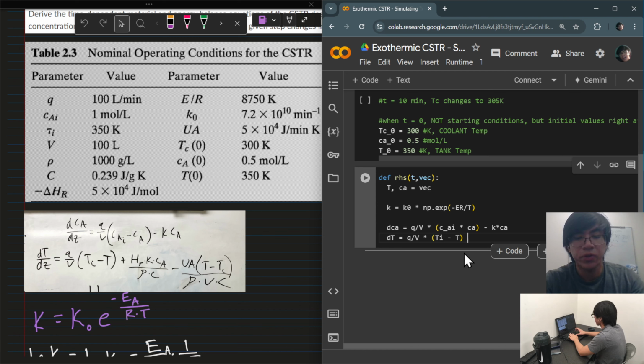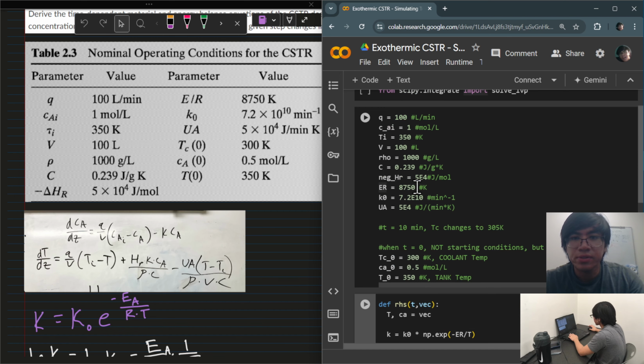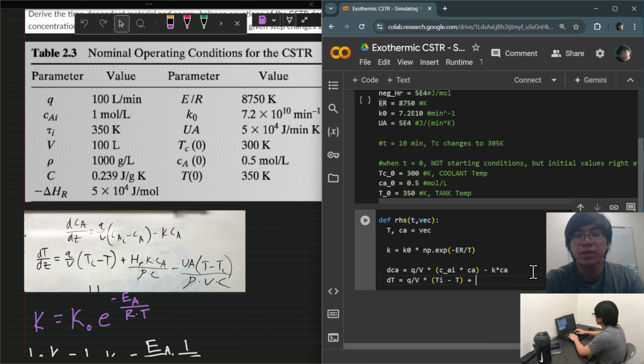Next to that, we have our addition of our negative heat of reaction. I believe we called this negative HR, so I'll do negative HR, is that lowercase? Yes. Times our K rate constant times our concentration of A in the tank divided by rho times our, I believe that's specific heat.